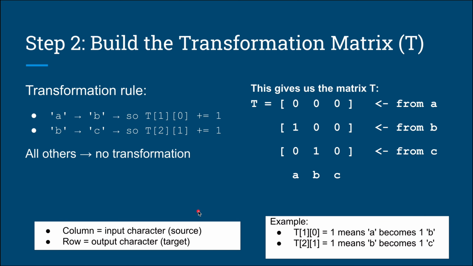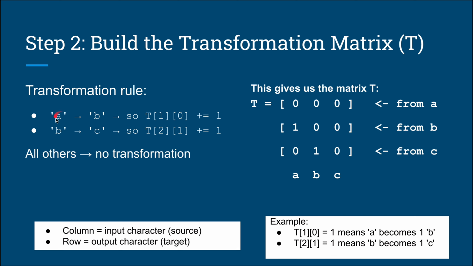Okay, so in step 2 we will transform matrix T, let's suppose, for each column in T, and it tells us how a letter transforms, right? So if we apply the transformation rule over here, we are doing a to b, b to c, right?